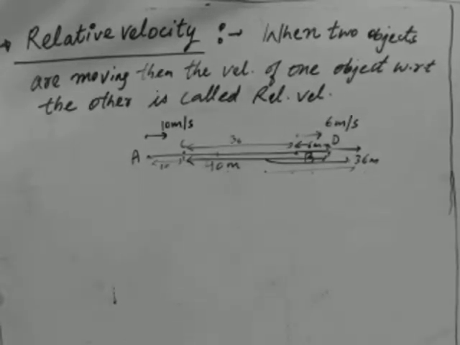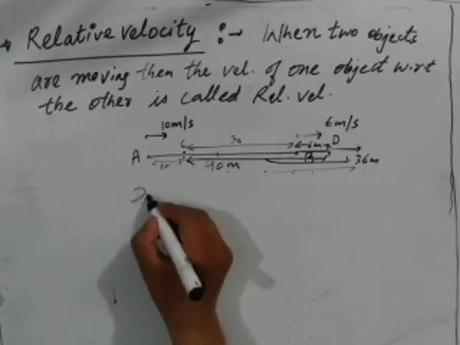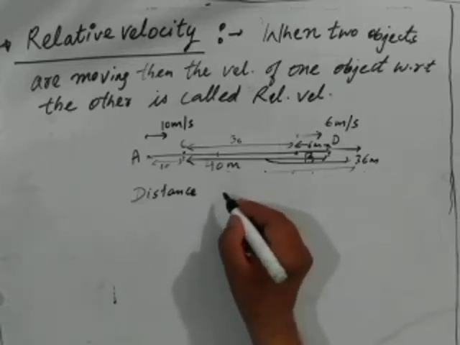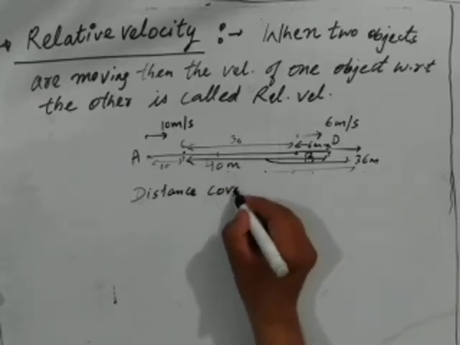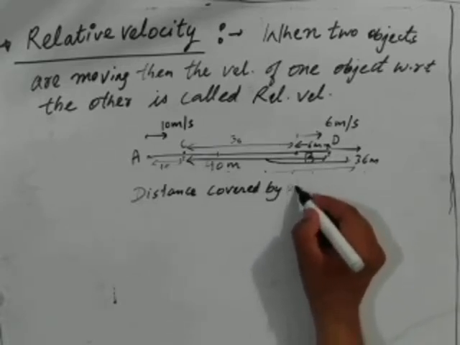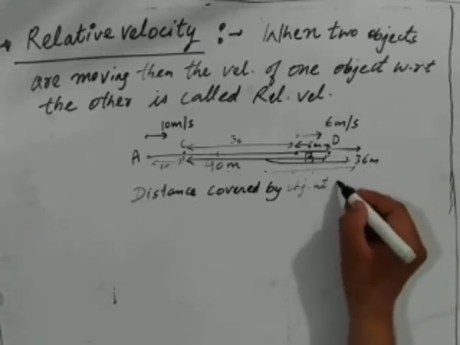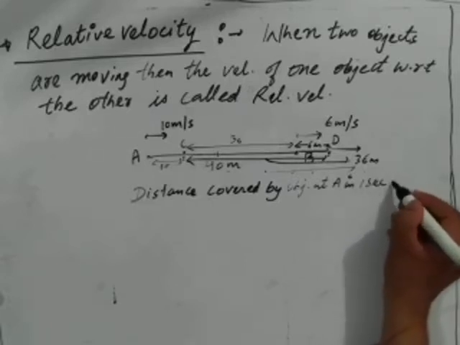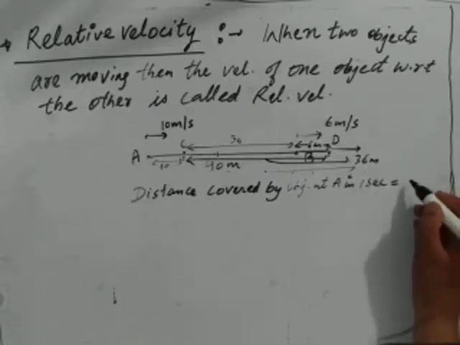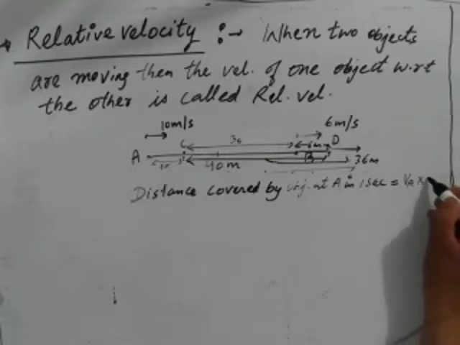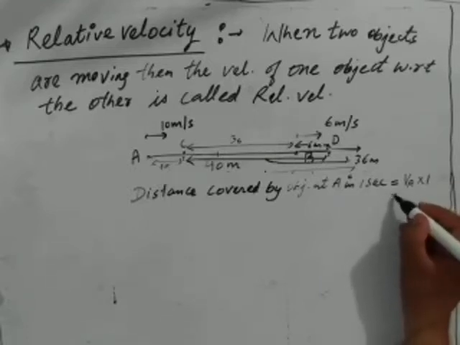So in general, distance covered by object at A in 1 second is equivalent to velocity at this point A, if it is VA, and the time covered is 1 second, that becomes VA.